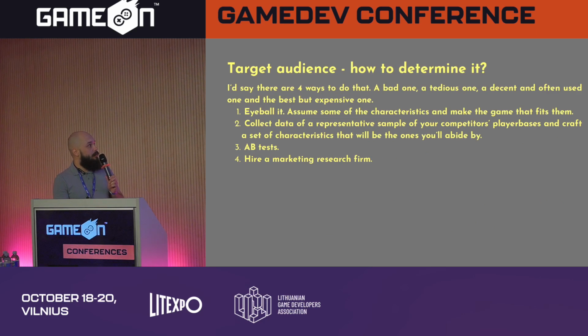Eyeballing usually just assumes some characteristics and making a game that fits them. The second one is extremely tedious and can be very biased, which is to collect data of a representative sample of your competitors' player bases and craft a set of characteristics that will be the ones you will abide by.